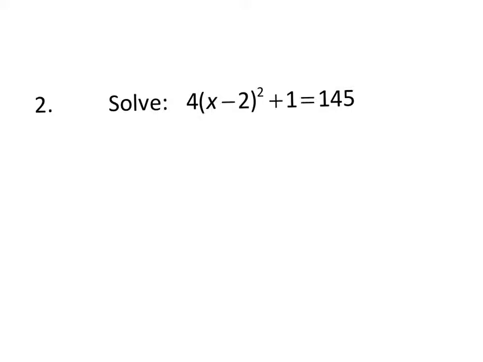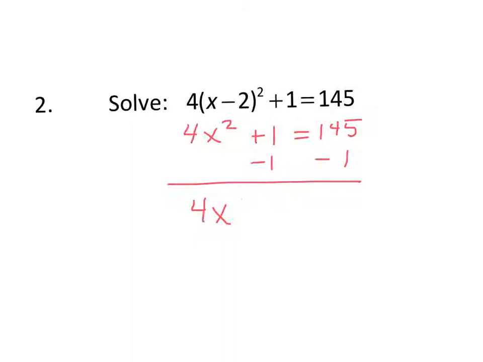Now what happens when we have parentheses that are squared? Same idea. Let's go ahead and treat this like 4x squared plus 1 equals 145. So what we're going to do here is we're going to subtract 1 and divide by 4.